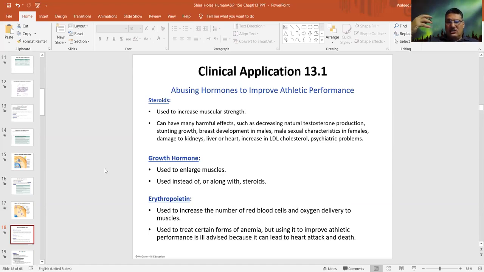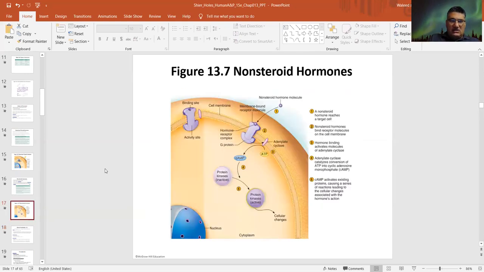Why is he taking steroids, which are one of the hormones? He's taking steroids because steroids stimulate muscle strength, not the natural way, which is exercise, but the artificial way. It will interact with receptors, and as a result of this, it will enter, go to the nucleus, and make a lot of copies, like I mentioned here. So let's say this is the steroids.